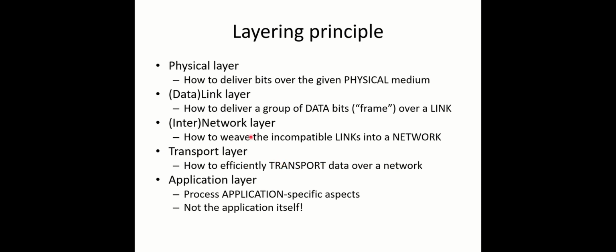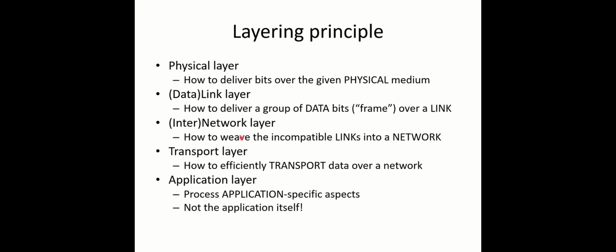If the internetworking layer produces a network, suppose this is a network of roads, then what the transport layer does is running buses and trucks over the road network, and for that matter, efficiently. So that's what the transport layer does.